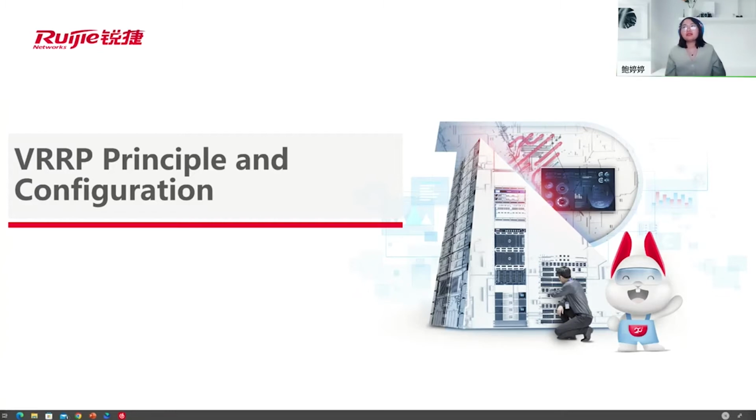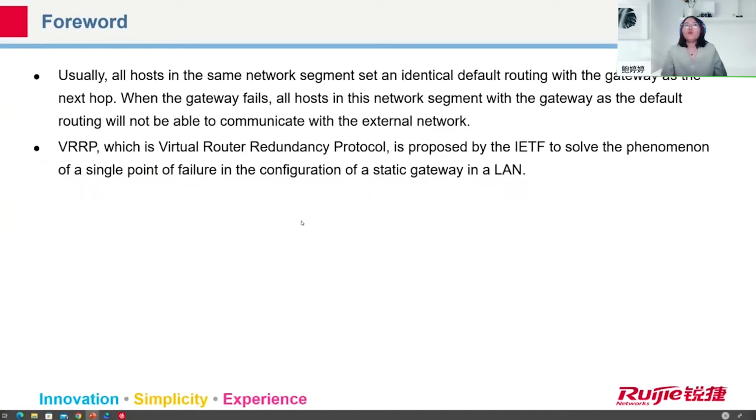Of course, in some other vendors we may use another name, but it is a very similar function. Why do we use VRRP and in which scenario do we usually use it? VRRP is usually used to solve the problem of the gateway.